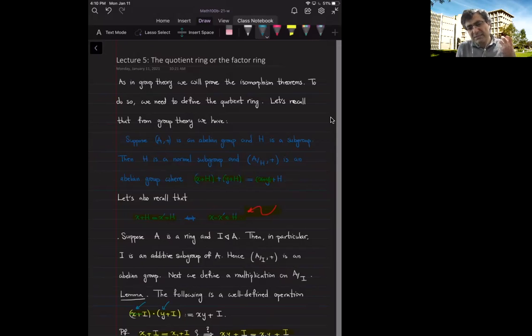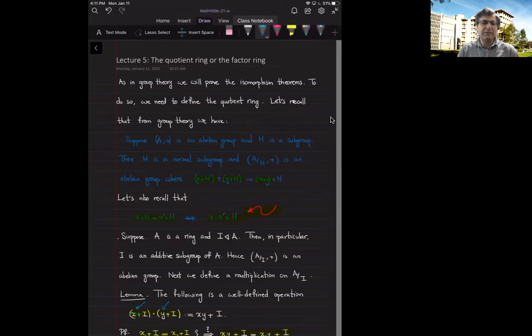So we pick a representative from each of these cosets and we add these coset representatives. And the whole point, in the group theory you've seen, was that this operation is well defined, and at the end it gives you a group structure on the set of all the cosets.